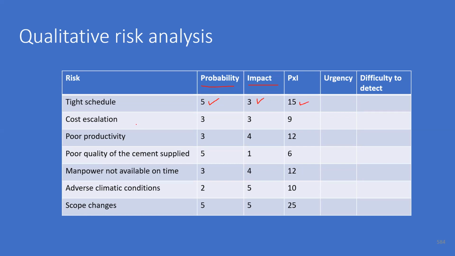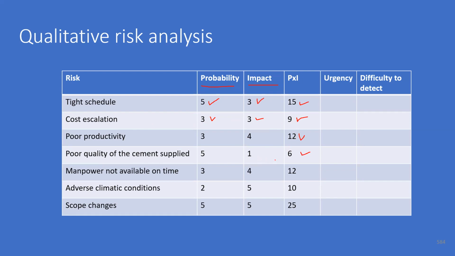And cost escalation, the probability is 3, impact is 3. So in this instance, it is 9. The cumulative score is 9. Likewise, poor productivity, you get a score of 12. Poor quality of the cement supplied, probability is high, but the impact is low.